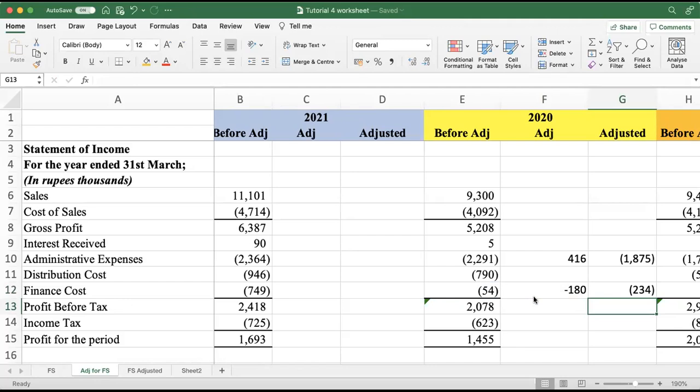234,000. Adjusted finance cost 234,000. In thousands, 234. Before adjustment 54. So finance cost increases by 180. Then the adjusted value 234.